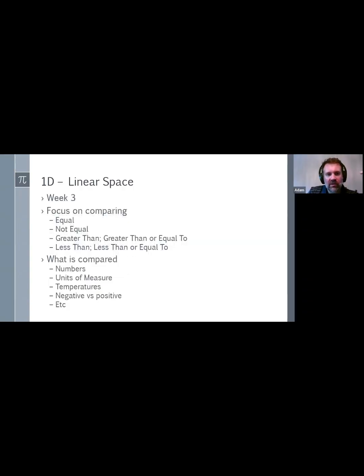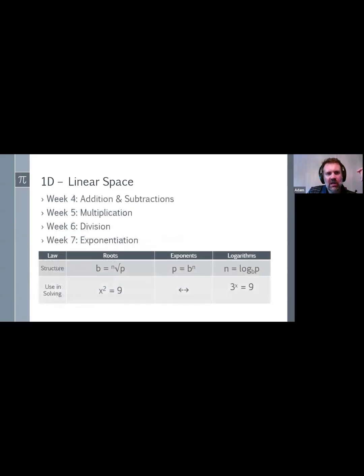So we're not only comparing, but we're going to do addition and subtraction. So you see, we can compare all sorts of different kinds of ideas, numbers, units of measure, temperatures, and the difference between negative and positive. And we're comparing all these types of groups and sets of numbers.